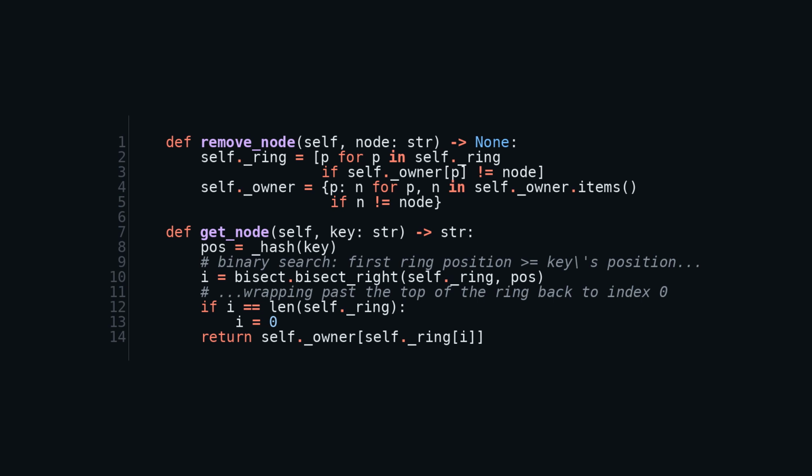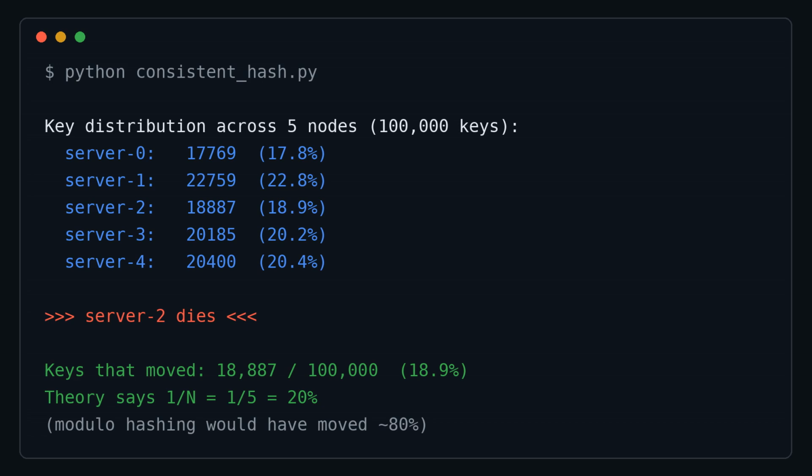Here's what happens when we run it. 100,000 keys, 5 nodes, and each node holds roughly 20%. Not perfectly even. You can see server 1 got almost 23. That's the randomness of 100 virtual nodes. Crank it to 500, and this tightens right up.